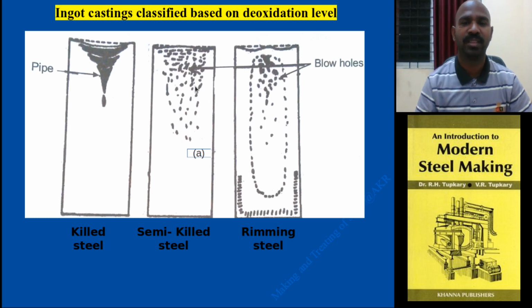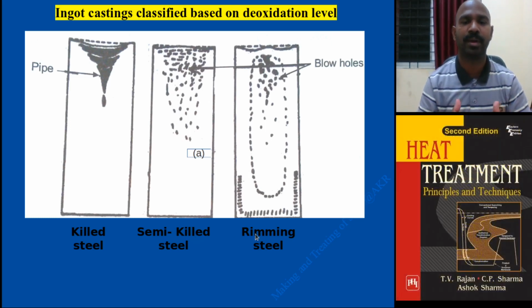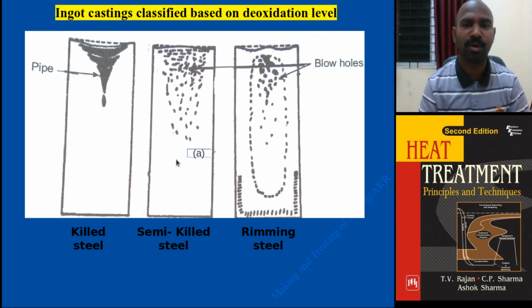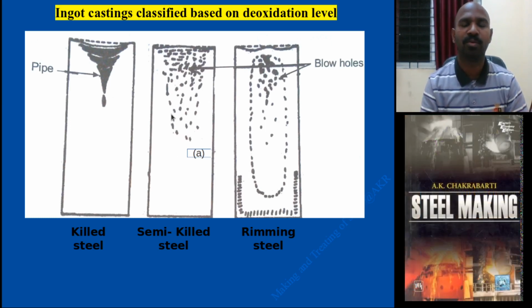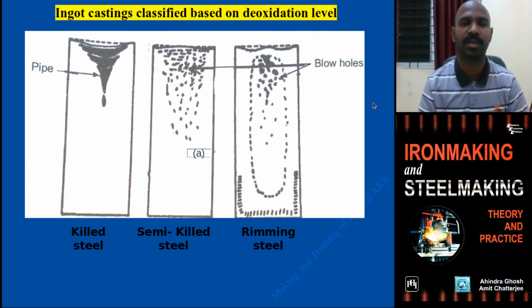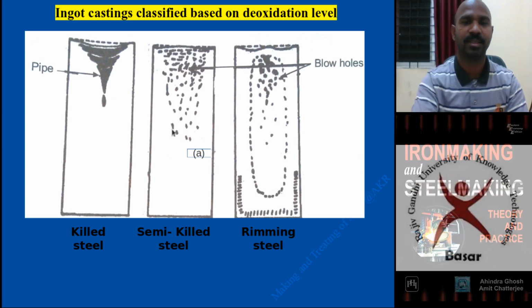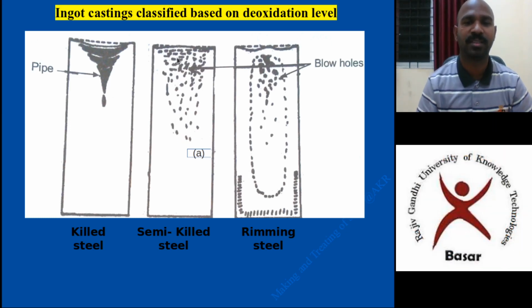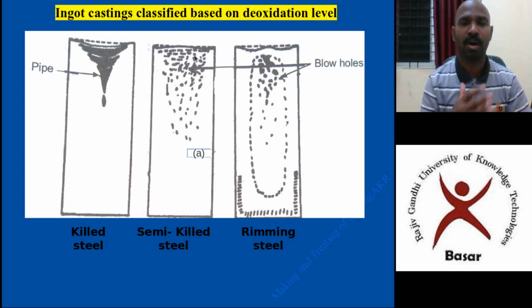Whereas semi-killed and rimming steels have an advantage: because the dissolved oxygen is high and carbon is low, these blowholes, at the stage of finishing operations such as hot rolling, are welded out, mixed within the cast structure, and taken to the surface, and you can compensate by stripping off a little surface.